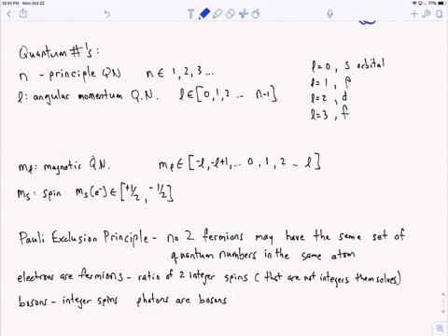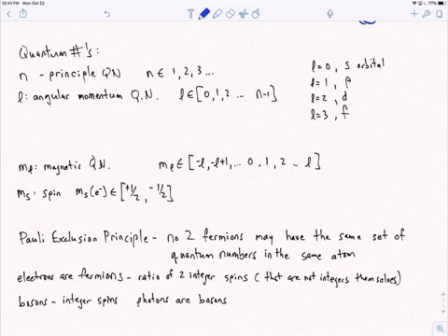Angular momentum: the first two columns, the alkalis and alkaline earths, are for L equals 0, the s orbitals. The p block, the nonmetals, the boron, carbon, nitrogen, oxygen, fluorine, neon, that's the p block. The d block is the transition metals. The f block are the rare earths and the actinides.